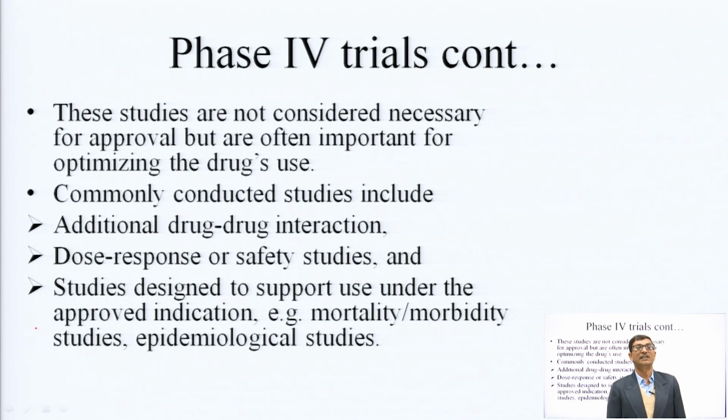Commonly conducted studies include additional drug-drug interaction studies, and studies designed to support use under the approved indication, for example mortality and morbidity studies and epidemiological studies. So, in phase 4 we do all these things. Thank you.